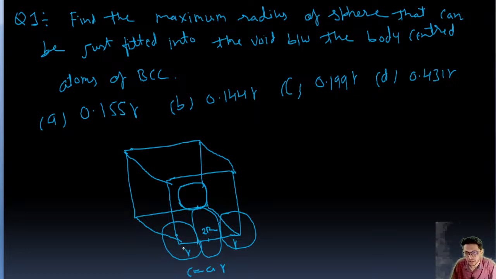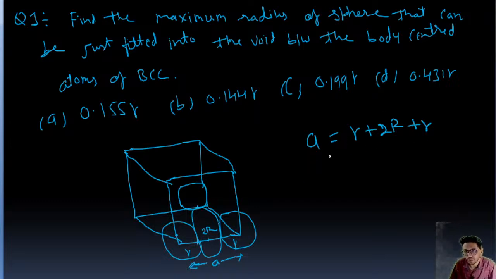This total distance is a, we know, right? And this is the diameter of this sphere, and this is its radius. So from the figure we can clearly say that this distance a is equal to R plus 2r plus R. Capital R is the radius of the body centered atom, and small r is the radius of the sphere which can be just fitted into the void between the body centered atoms.